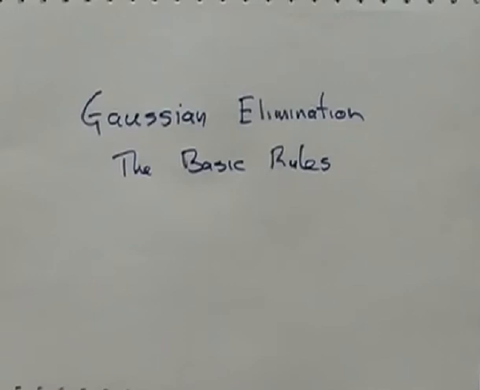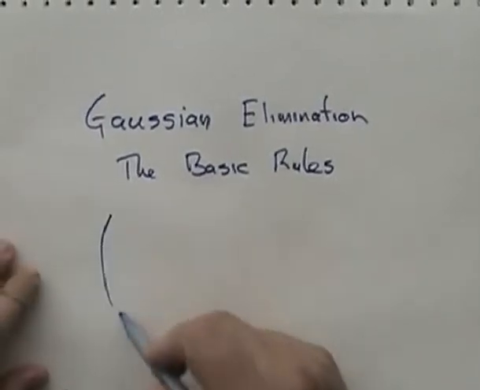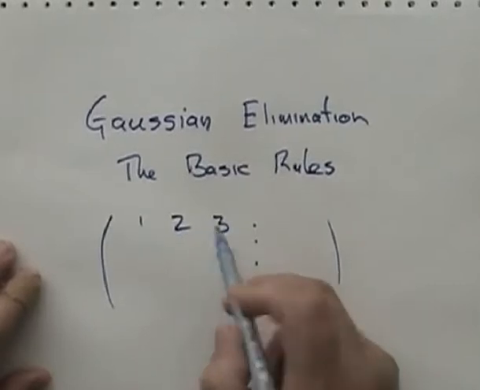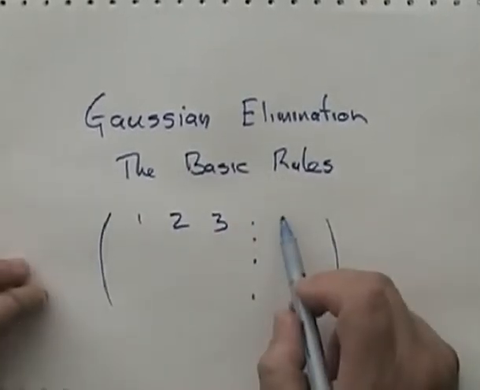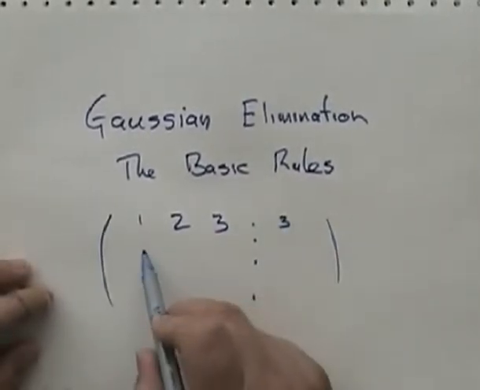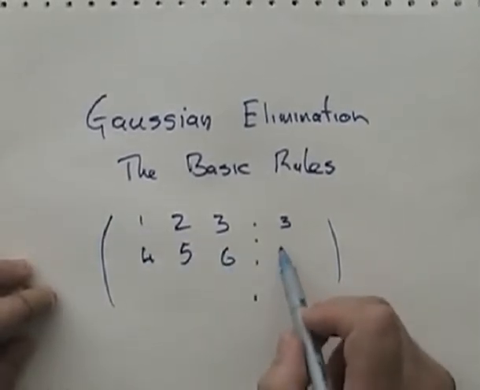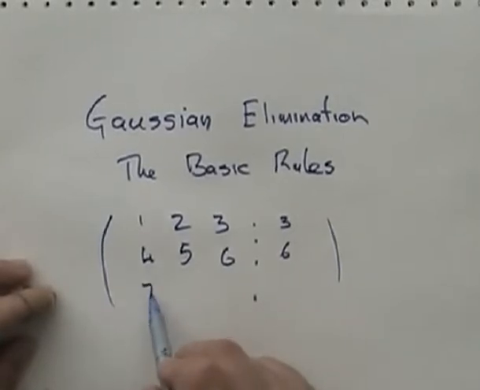What we're going to do is talk about Gaussian elimination. Gaussian elimination is a way of solving a matrix. And the matrix itself is used as a way of solving multiple simultaneous equations at the same time.